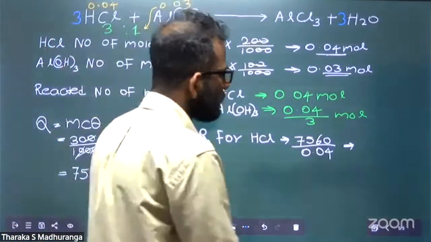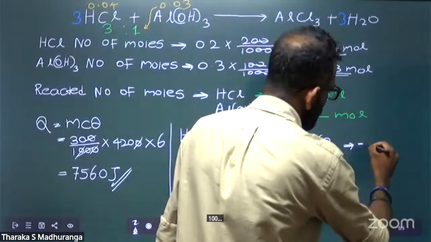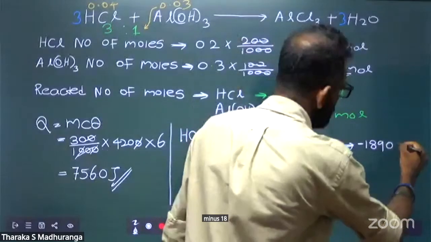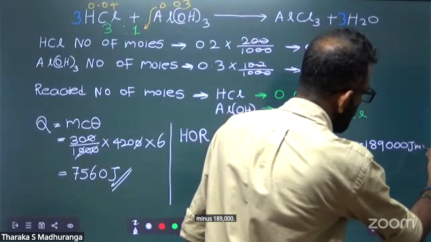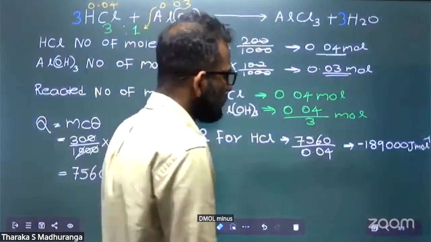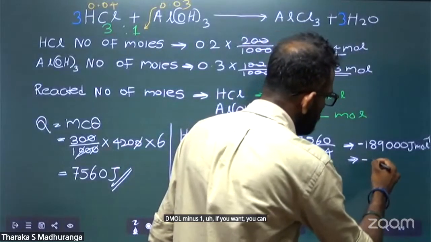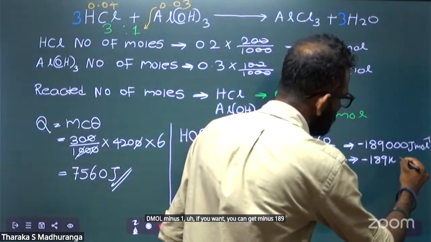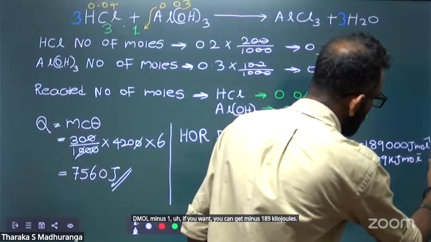Minus 189,000 J mol minus 1. If you want, you can write minus 189 kJ mol minus 1.